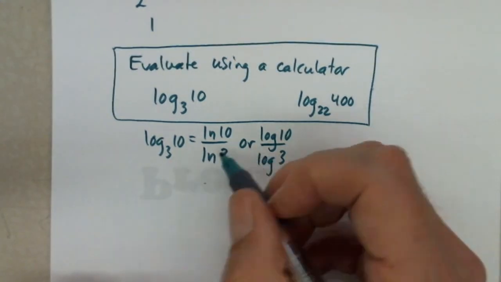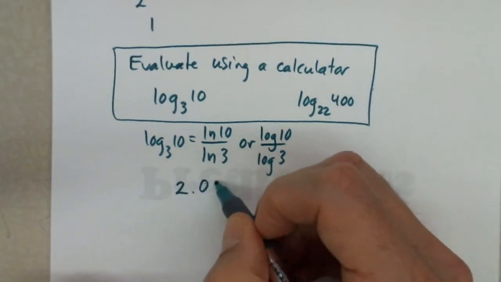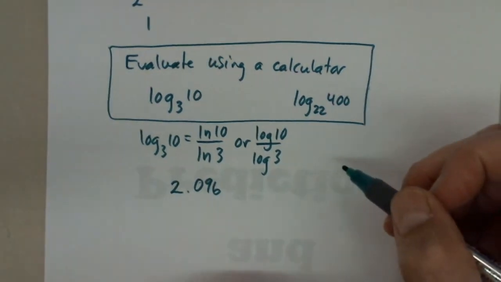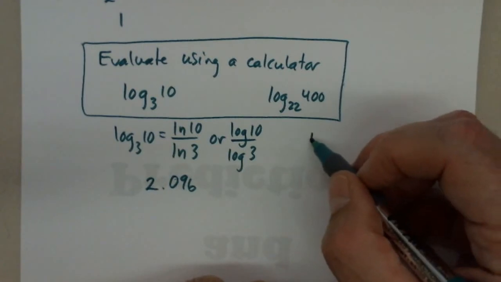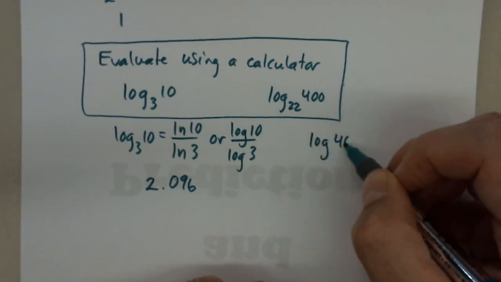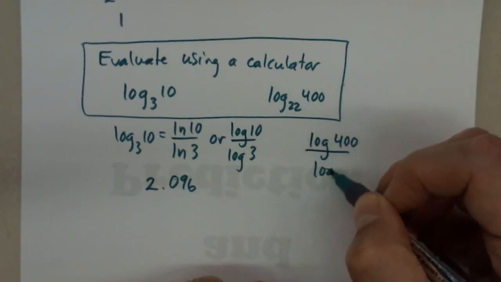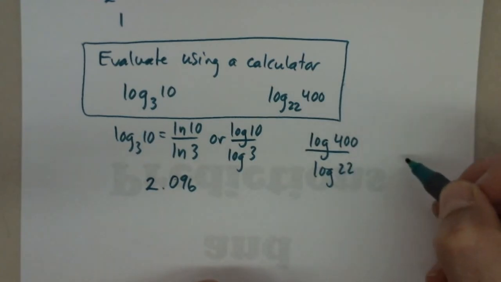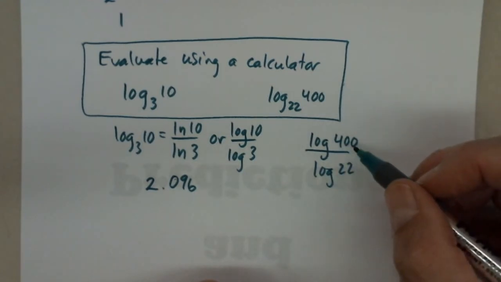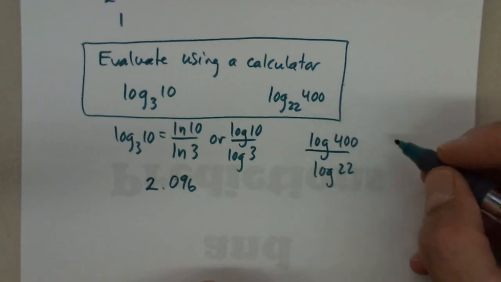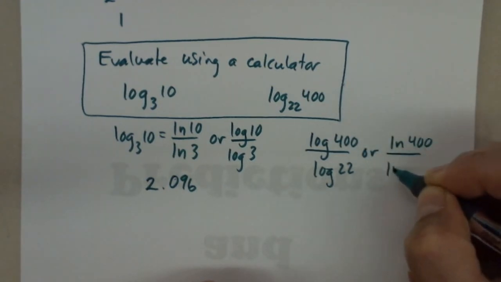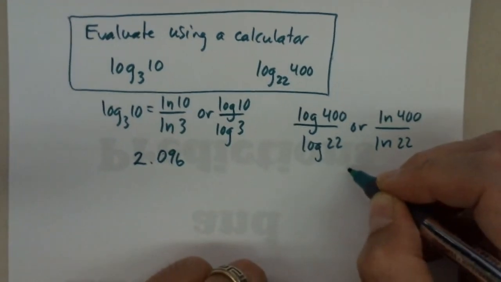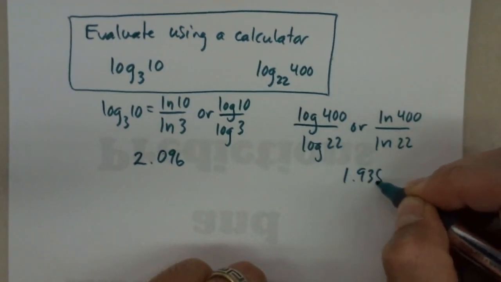If we do either one, this is what we get on the calculator. Try this on the calculator. We could do log base 10 or natural log. With either one, we get that.